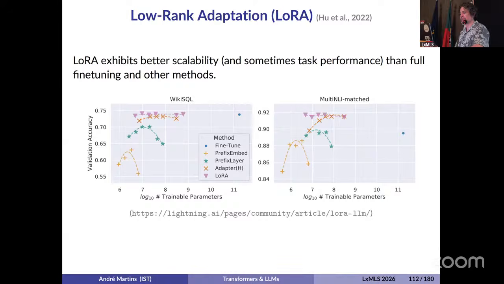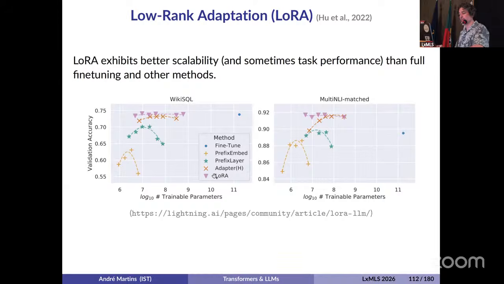They showed that LoRA exhibits better scalability and sometimes performance than full fine-tuning and other methods. I think in general, full fine-tuning is still a little bit better, but LoRA can get pretty close. Here this is showing how much the accuracy for your task depends on the number of trainable parameters.